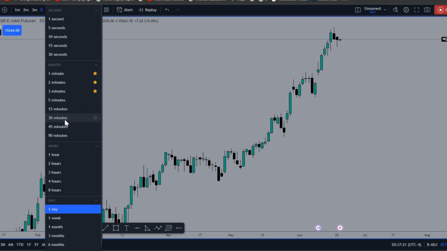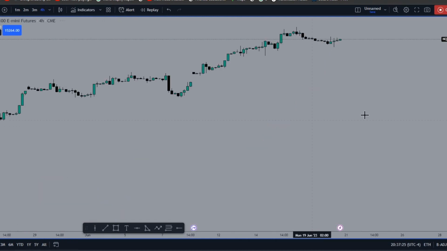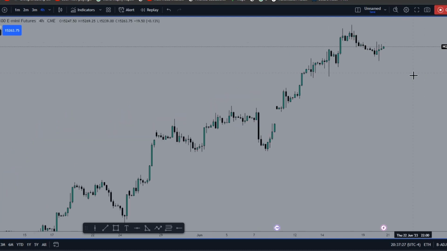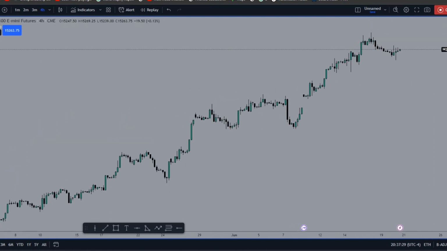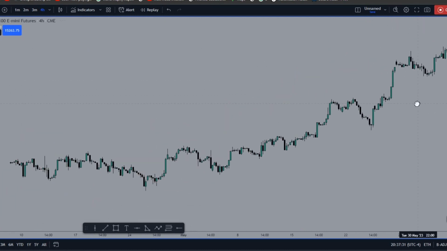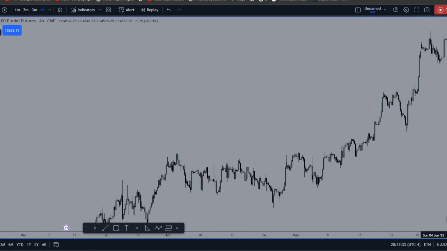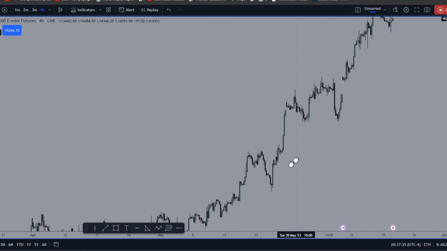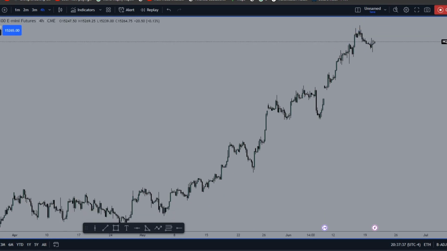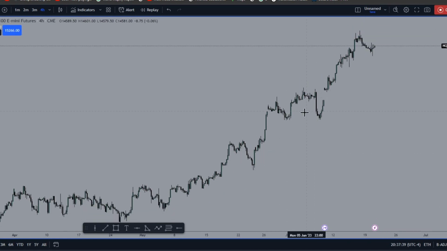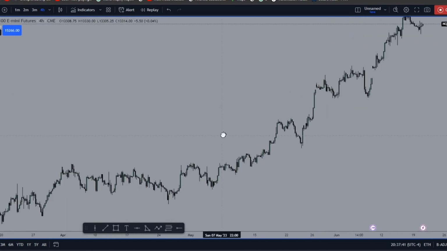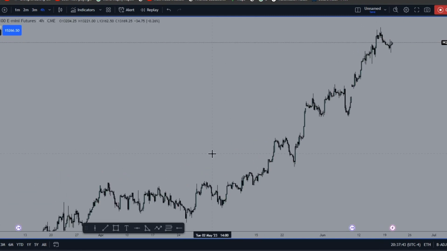Okay, so now we're going to a lower time frame, which will be the 4 hour, where you would see the trend a little bit better. You see this, we're super bullish. See? So we made this low, low, low. We keep making higher highs, so we're clearly bullish.